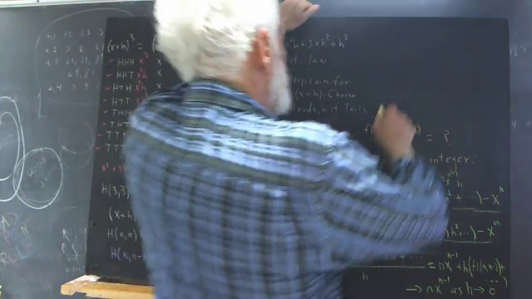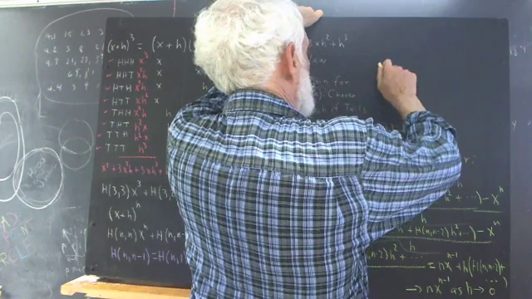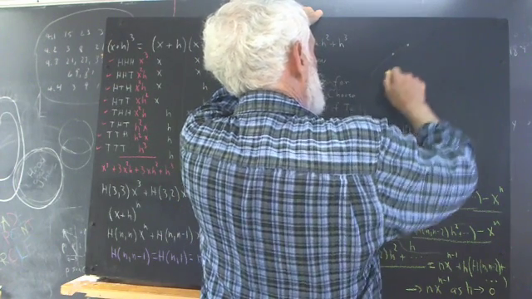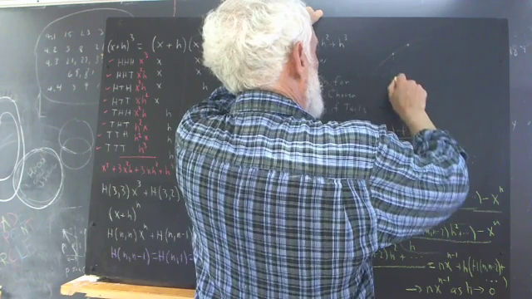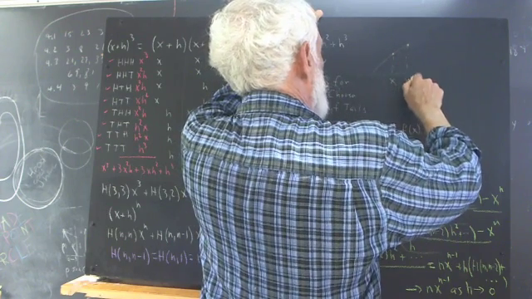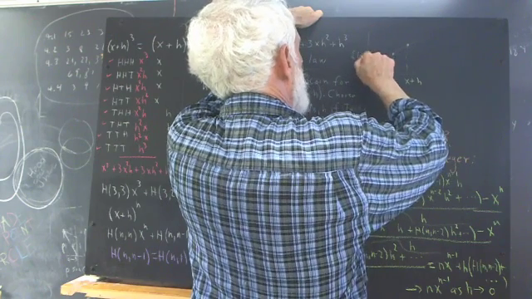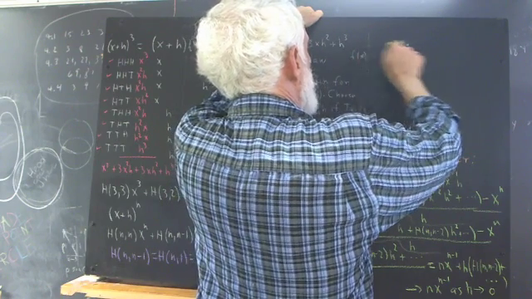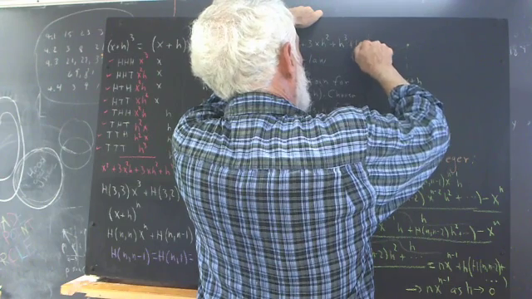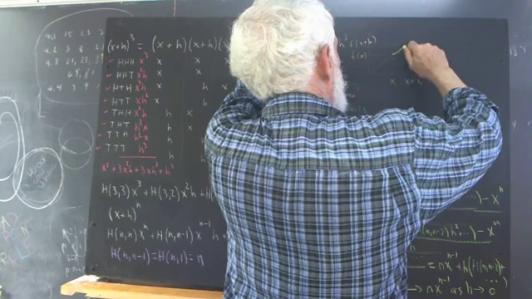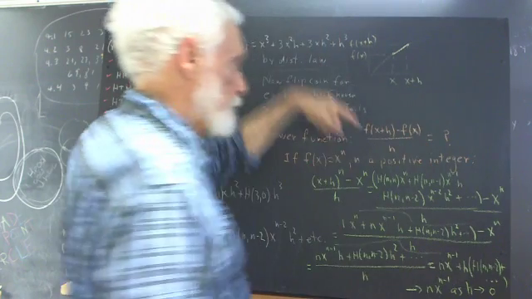So because of this picture, where we have x here, x+h here, f(x) here, and f(x+h) here, the slope of this is equal to this difference quotient.